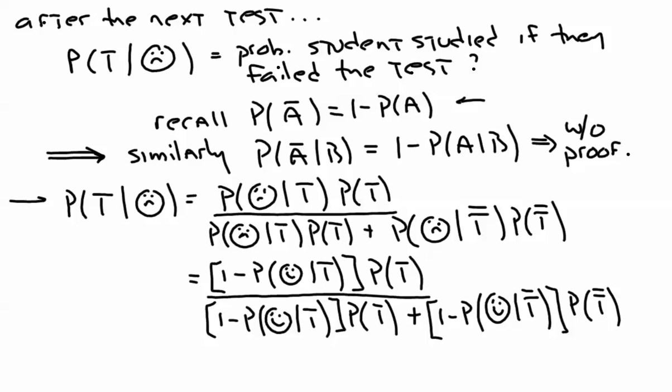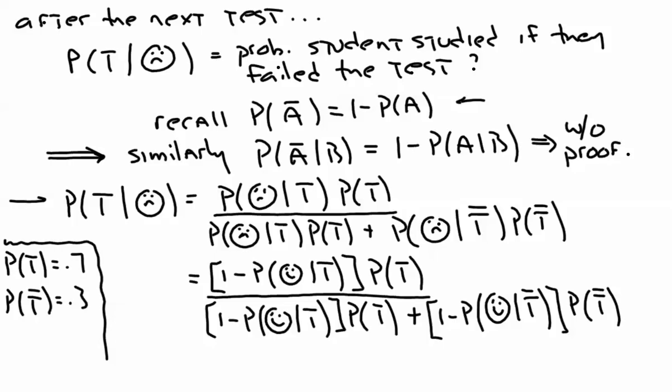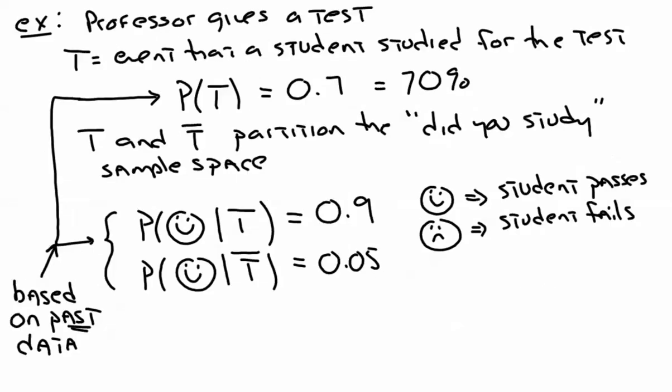And you'll recall earlier the probability that the student studied was 0.7, therefore the probability the student does not study is 0.3. We have access to the probability values that we need.